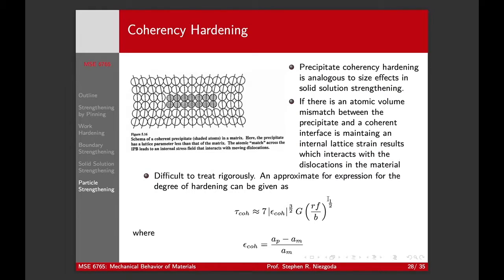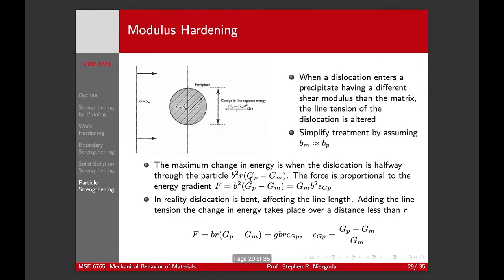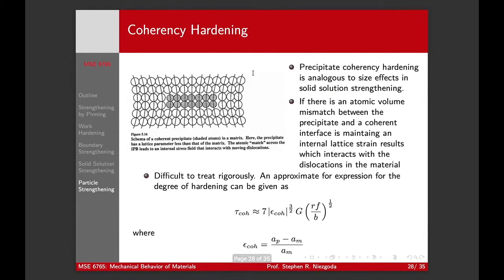Well, the radius of the particle, the volume fraction of the particle, and this dimensionless parameter epsilon, the coherency, which is a difference in the lattice, which relates to the lattice parameter mismatch of the sizes. So if you just understand what goes into the term, that is much more important to me than if you're able to work through the derivation of this. Okay, so that's coherency. That was analogous to size.